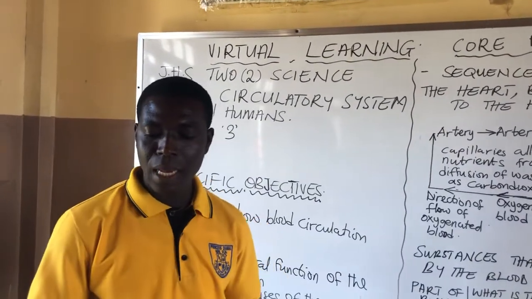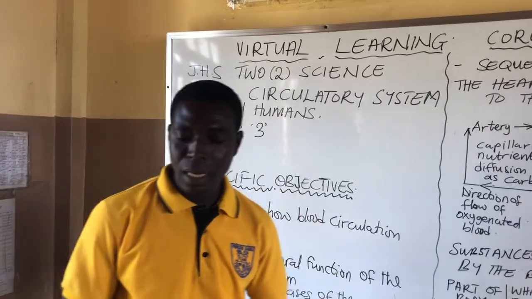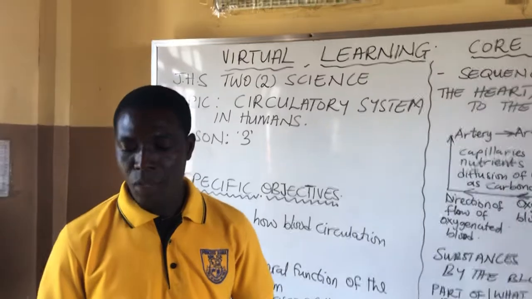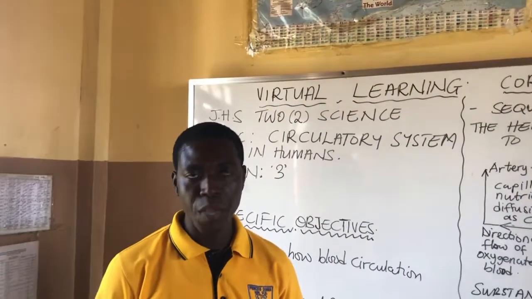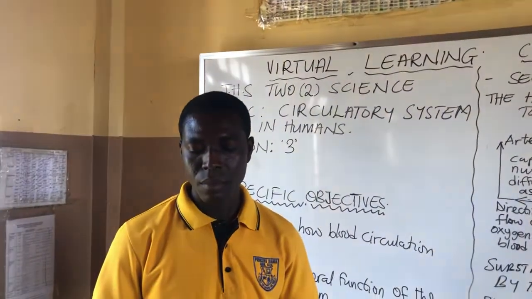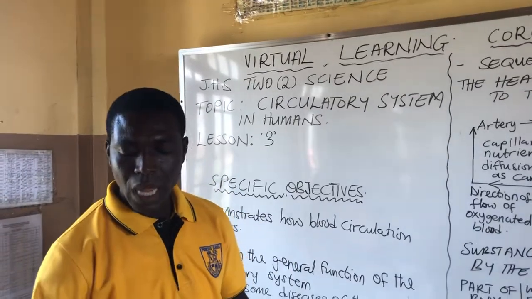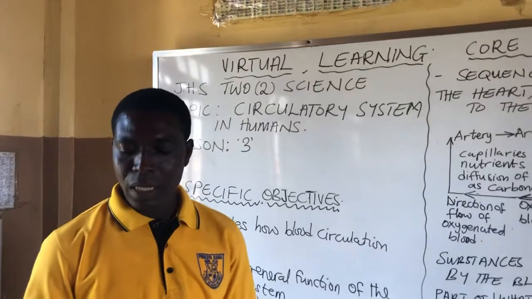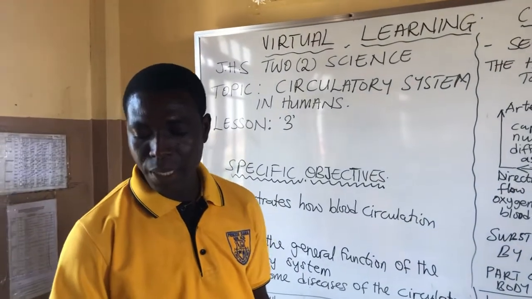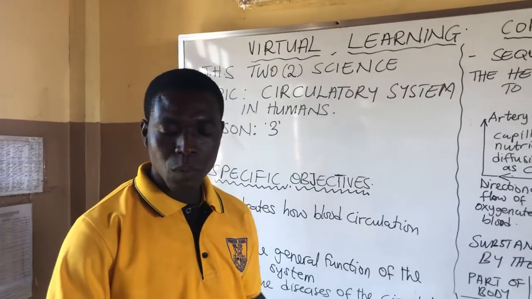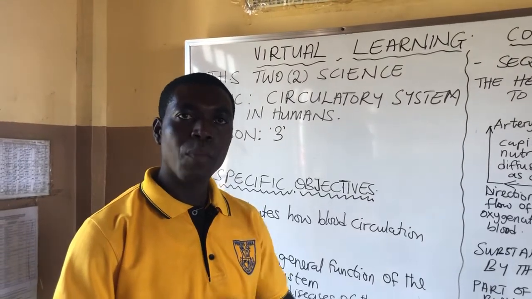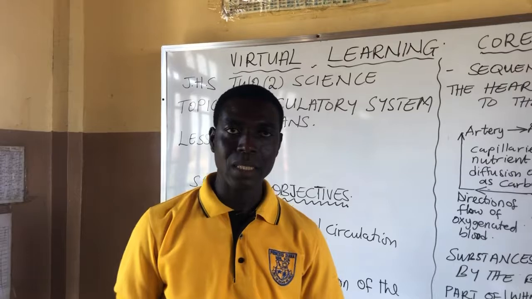Oxygenated blood from the lungs enters the left auricle or atrium of the heart through the pulmonary vein. The left atrium contracts and the blood now moves to the left ventricle through the bicuspid valve. The valve is the part that prevents the backflow of blood.